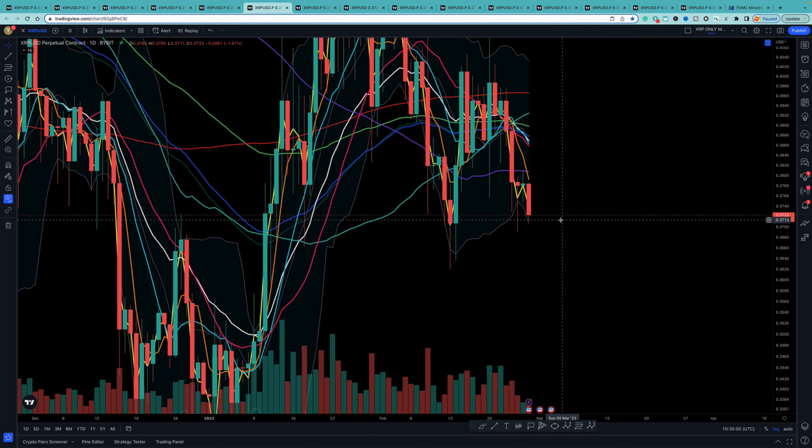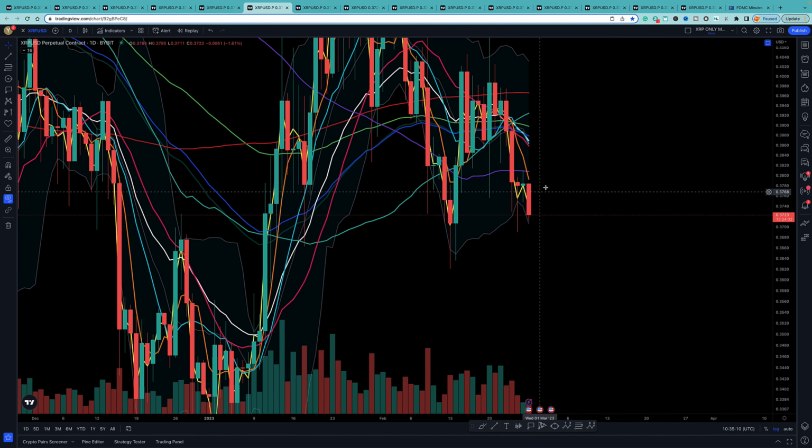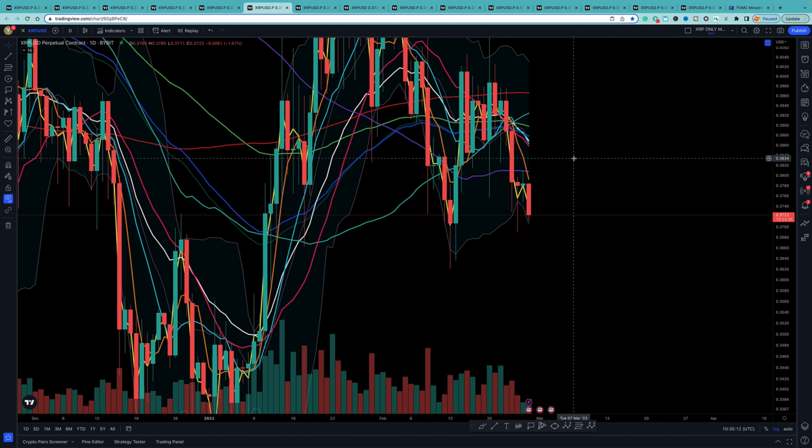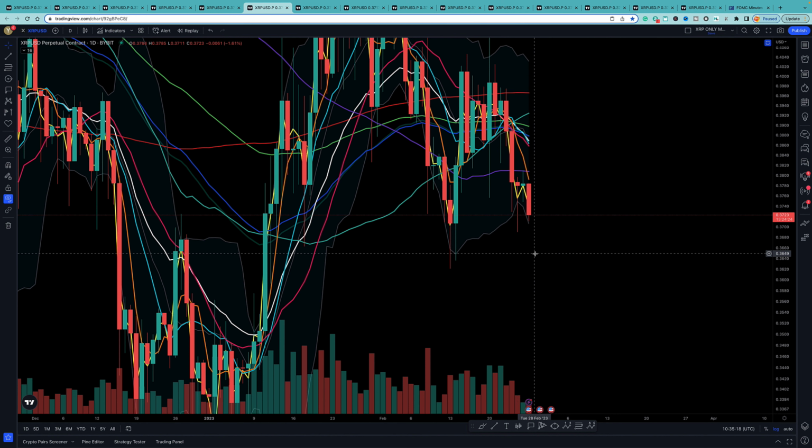Again, I'm still super aware that this could bounce off the Bollinger here, turn around, and end up being a dirty green candle all the way back up to here. It depends on whether you're in a short or a long. But it does seem like there's the 5 breaking the 100 MA in the daily. It does seem like it's going to spill, especially with the EMAs crossing over here as well.